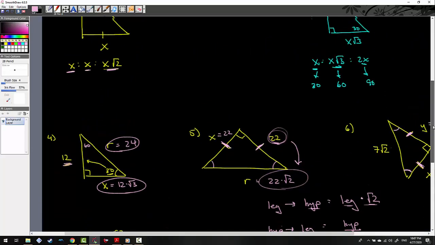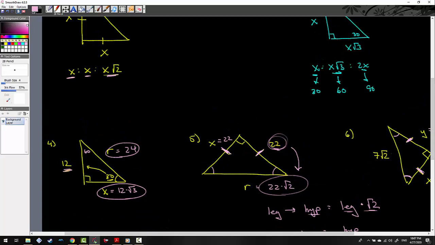Remember, if I look at the original diagram here, the 30 is the small angle, the 60 is the medium angle, and the 90 is the large angle. So how did I move from small to medium? Well, the 30 became the 60, that's obvious, but the sides became themselves by taking the small side and multiplying by rad 3.